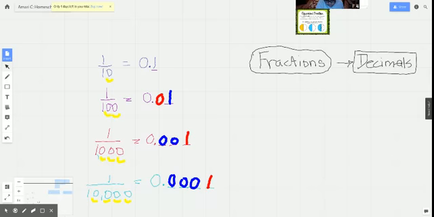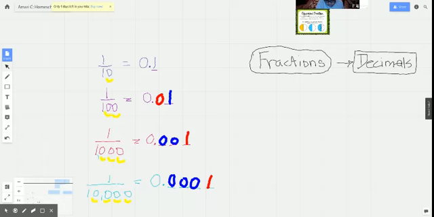Okay, so every time we move up a number, which number, the numerator or the denominator? So every time I move up in the value of the denominator, it's like going from 10 to 100 to 1000. So are these numbers getting smaller or larger when I'm going in this direction?